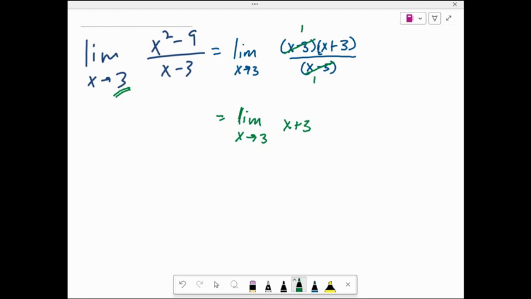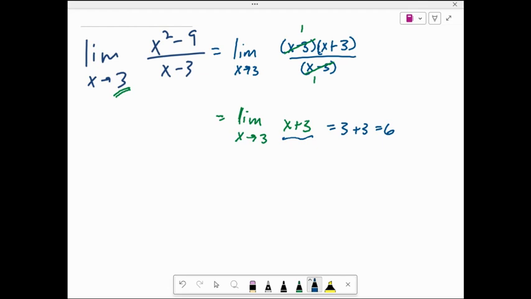Now, there's no problem with this expression, x plus 3. 3 plus 3 is in fact 6. So it appears that we can figure this limit out, even though the function that we were asked to find the limit of doesn't exist at the value c that x is approaching.